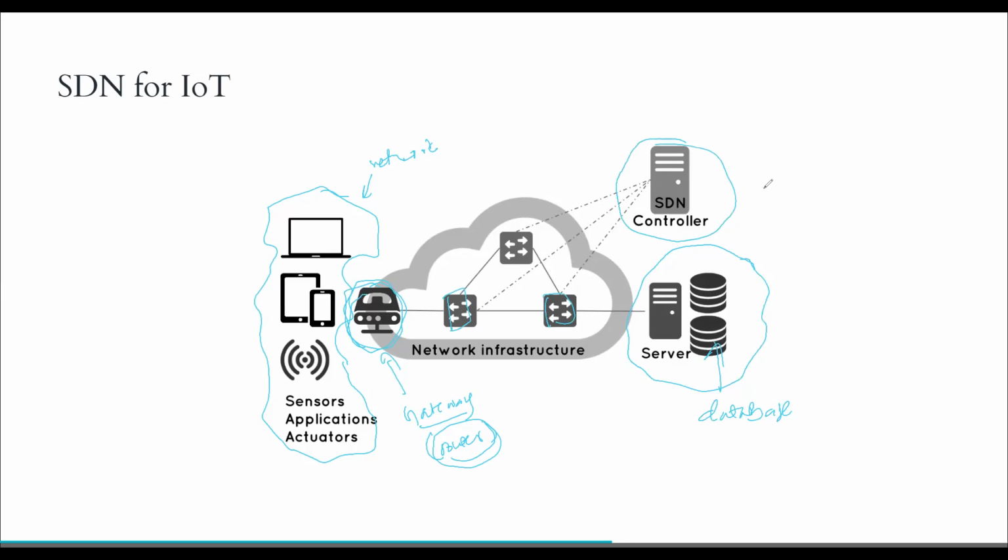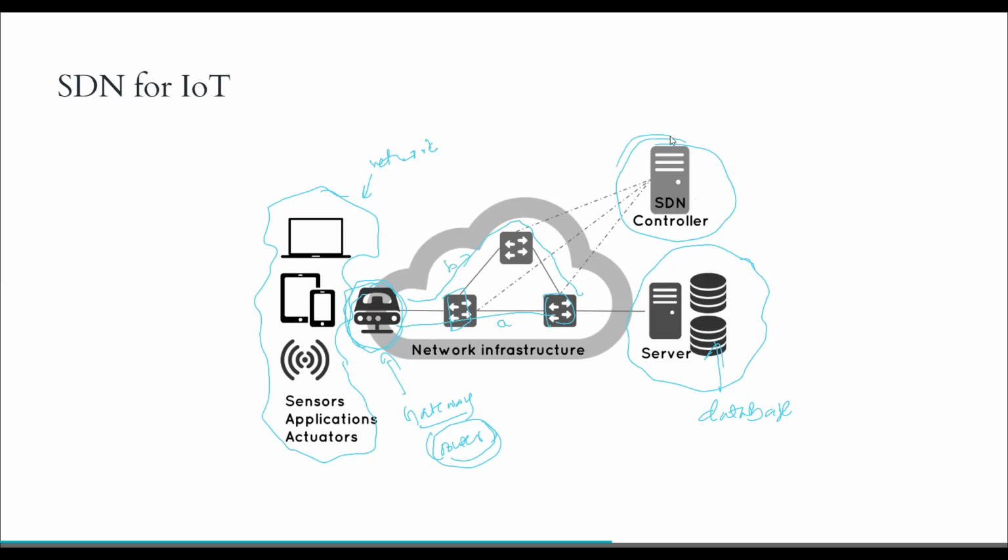So the SDN controller will decide the optimal path for the data to be transferred across these routers, depending on the database that they are using for this IoT application. They will check, what is the best method to access this database? What is the best path? Should we take this path or should we take that path?